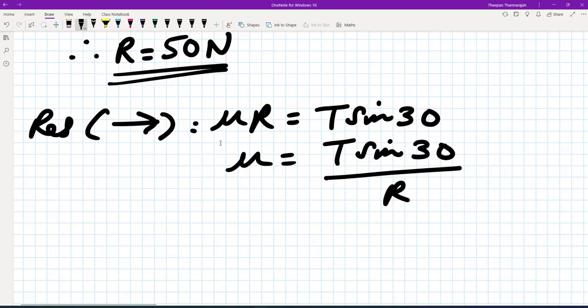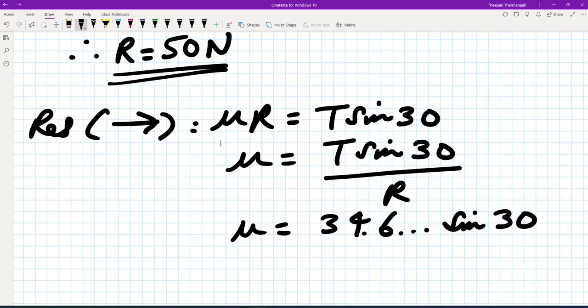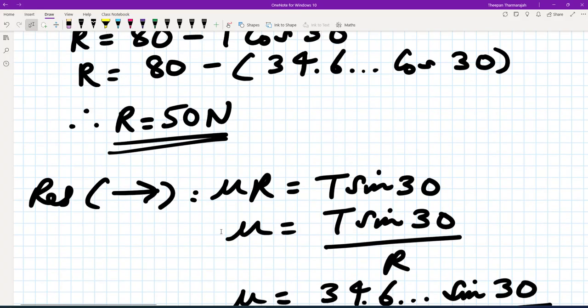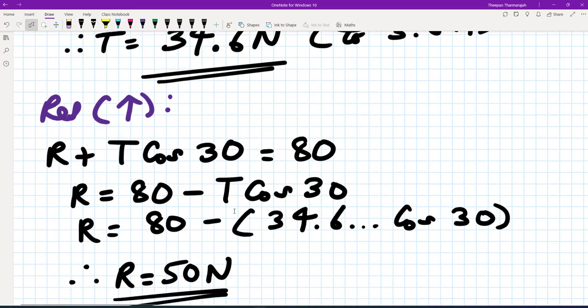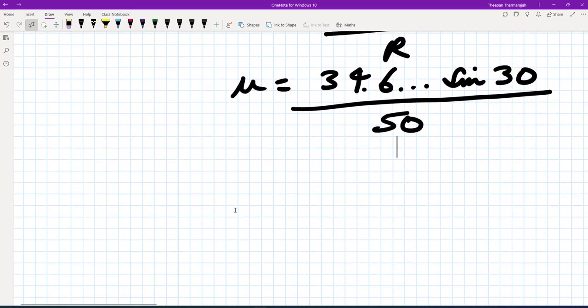So that's going to be mu is 34.6 and so on, sine 30, all divided by 50. And then we can see that mu works out to be 0.34641016.